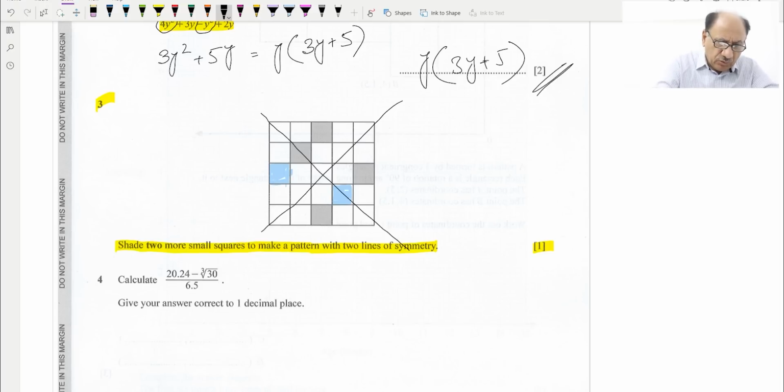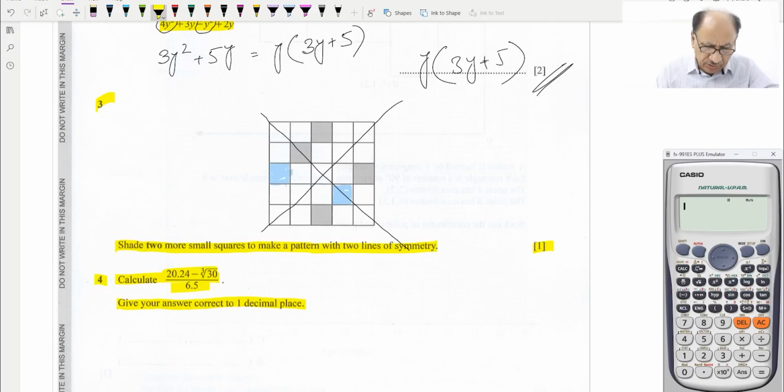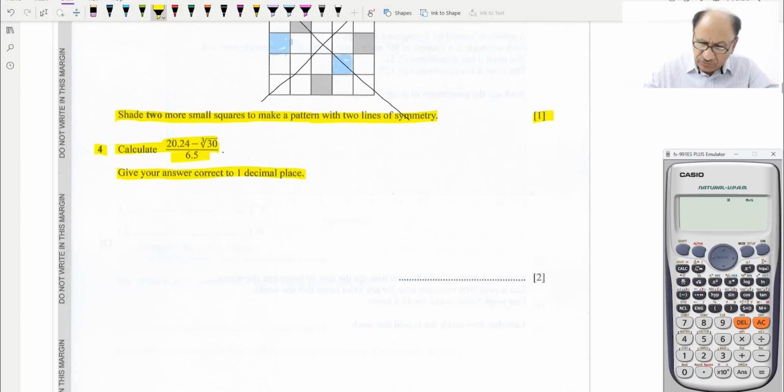Now question number 4, a calculation question is given. Give your answer correct to 1 decimal place. So we will be calculating this, and this is a 2 marks question. You can use the calculator for this, and this is not an estimation question. For the final answer you just need to round.